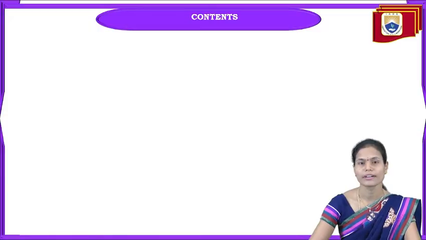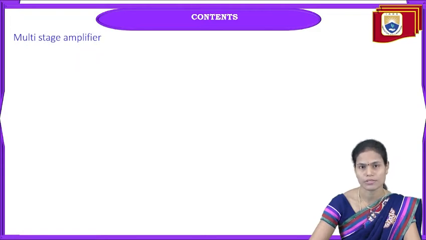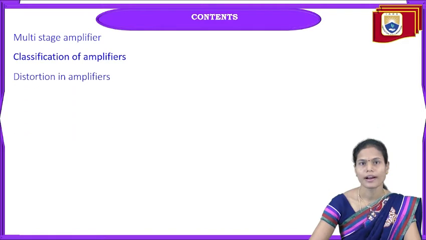First of all, I'm going to discuss what is meant by multi-stage amplifier, what is the purpose of multi-stage amplifiers, what are the different types of multi-stage amplifiers, the distortions which will occur in the amplifiers, and the different coupling schemes which will be useful in order to form the multi-stage amplifiers.